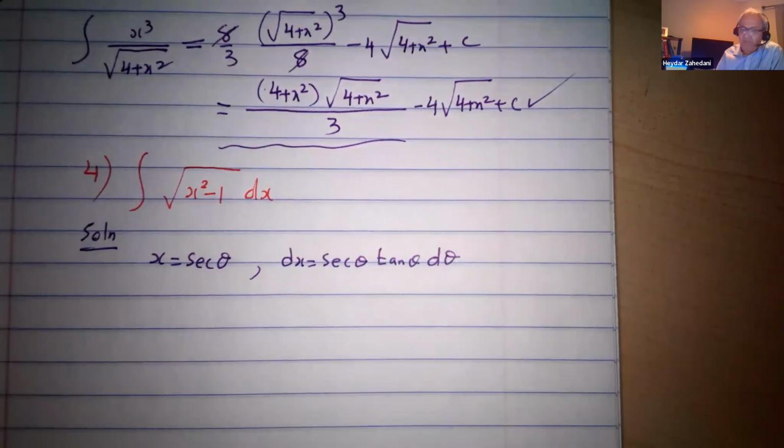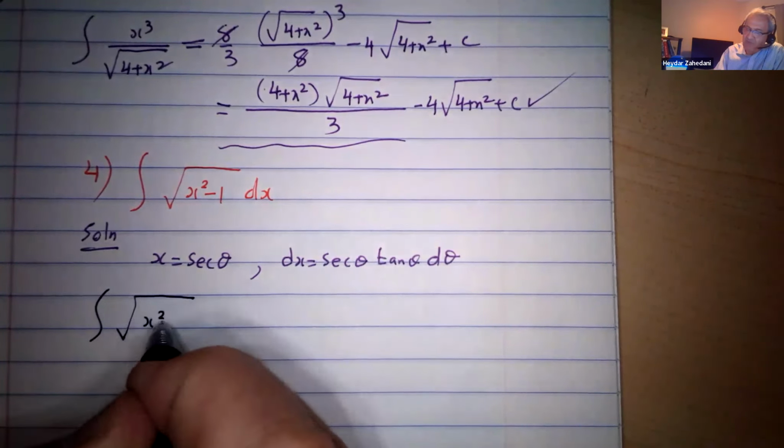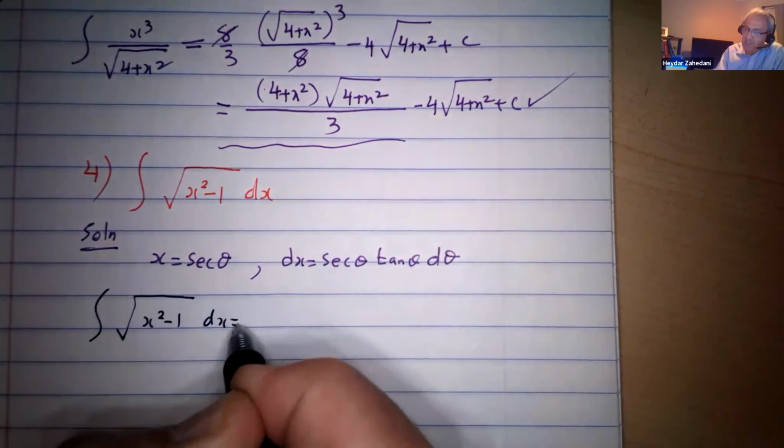Okay. Now substitute. You can simplify, then substitute, or just go for it. If you want to go for it as is, it's going to be the integral of x squared minus 1 dx.